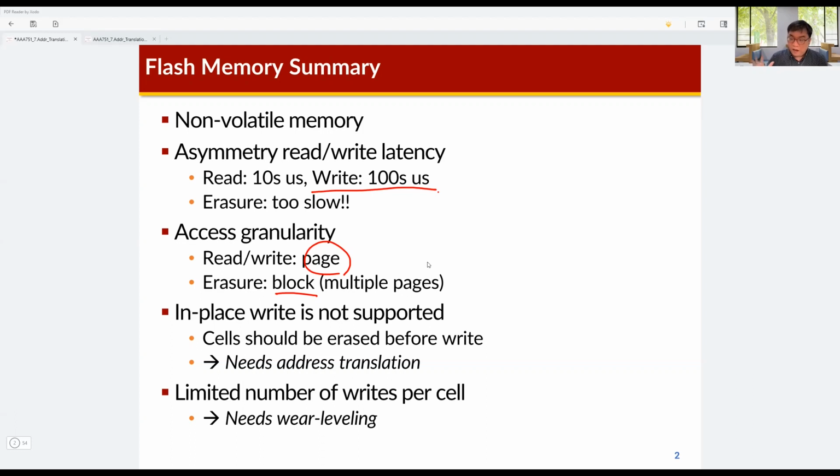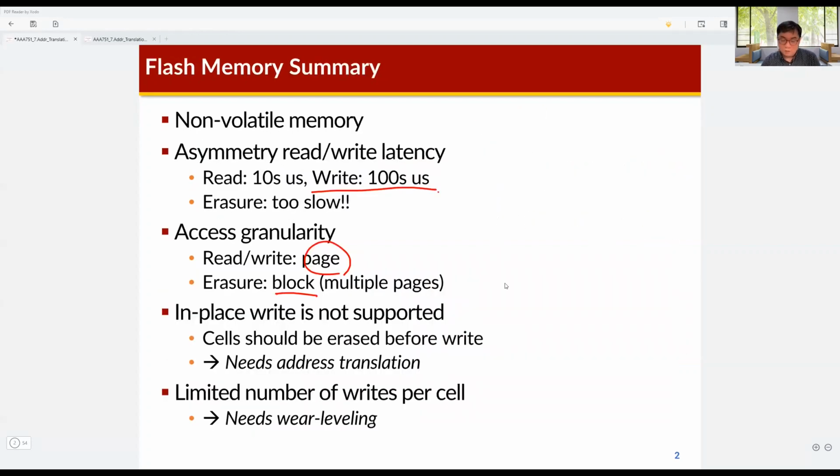That's why we apply block granularity for erase operation. So that's why we need the address translation in SSD.